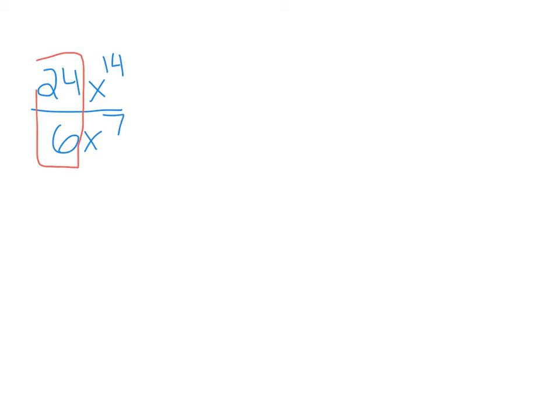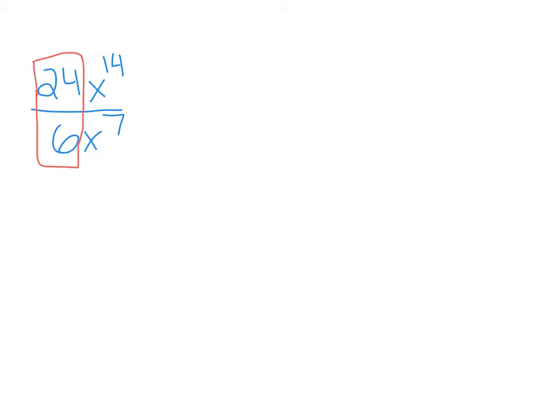All right, now here are 3 examples using the property without writing it all out. All right, so 24x to the 14th over 6x to the 7th. All right, so just remember the difference between coefficients and powers.